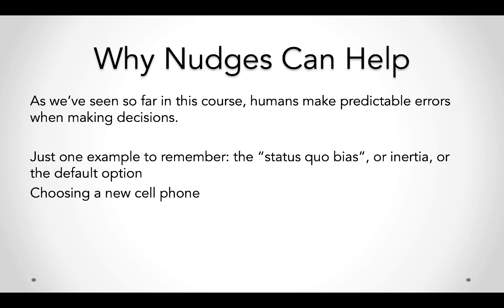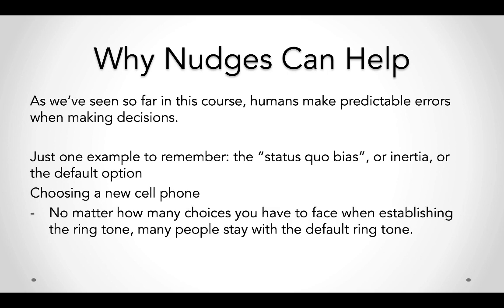And one thing that you don't necessarily change is the ringtone. So most of you probably still hold on to the ringtone that the phone came with, which is the default option. It's good enough. There's no reason to put effort into changing the ringtone, and that's the default option, or the status quo bias, or inertia. We call it in many ways.